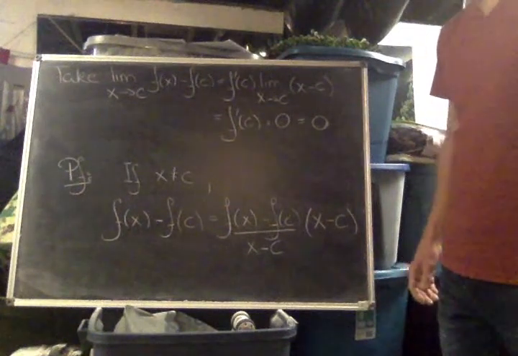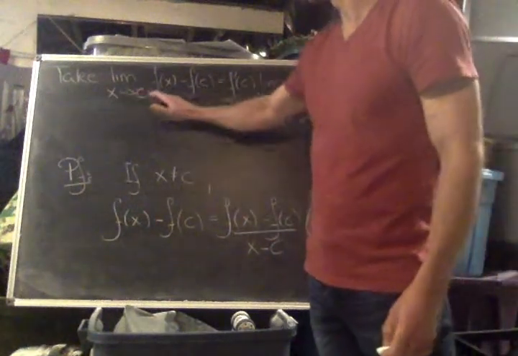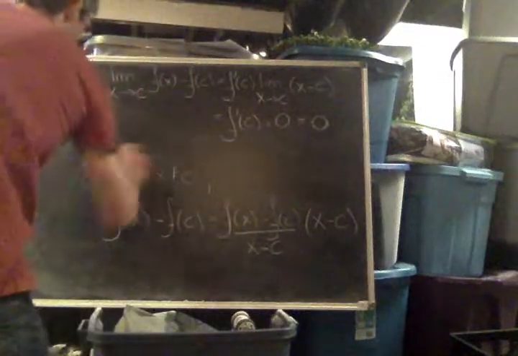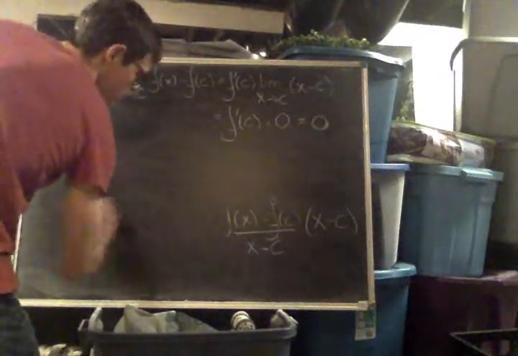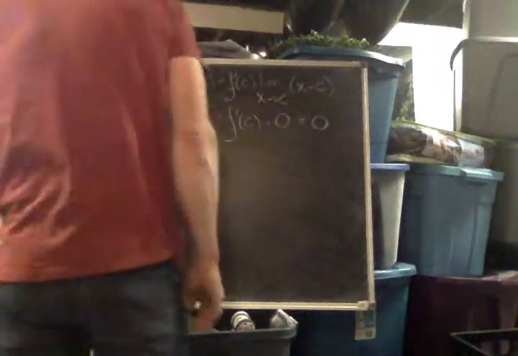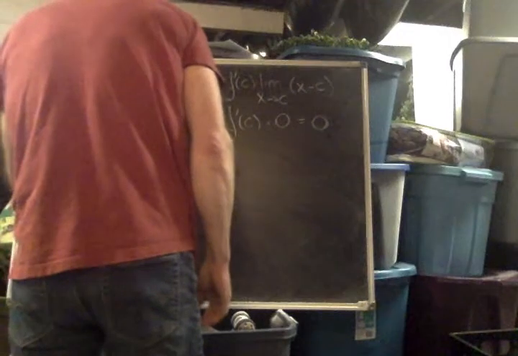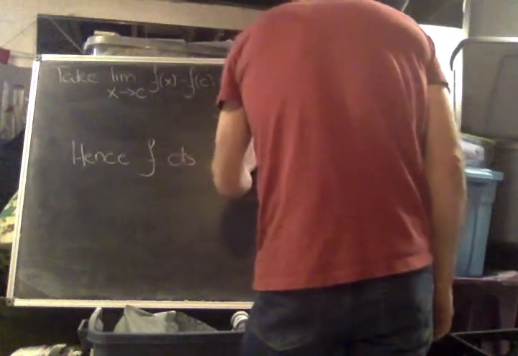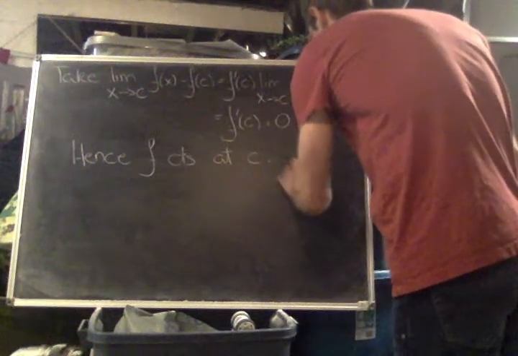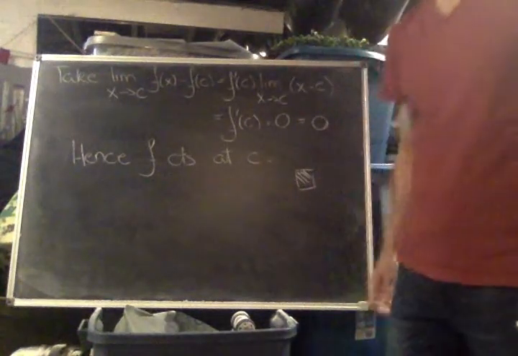And that's exactly what we want. We want the limit as x approaches c of f of x minus f of c to be equal to 0. Hence, f is continuous at c. Okay.